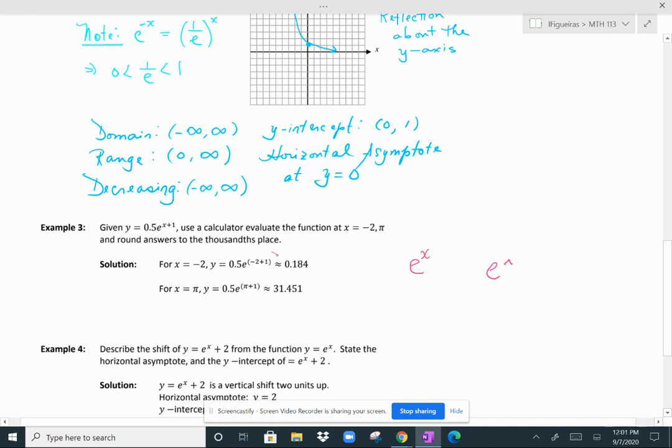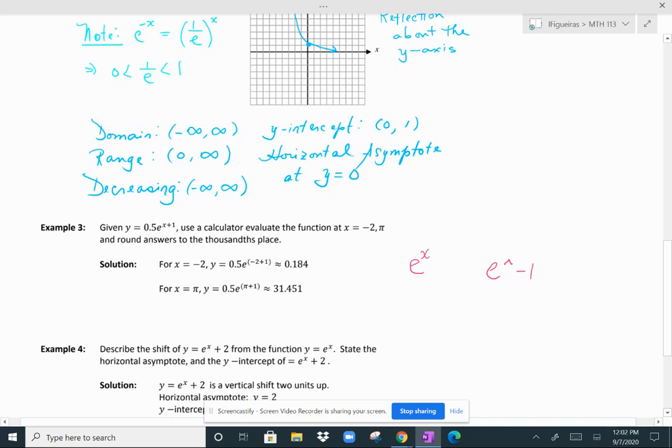So here we're putting in negative 2, but that has to get added to 1 because that's the definition here. So you'd be doing e to the negative 1, and that works out to be 0.184.